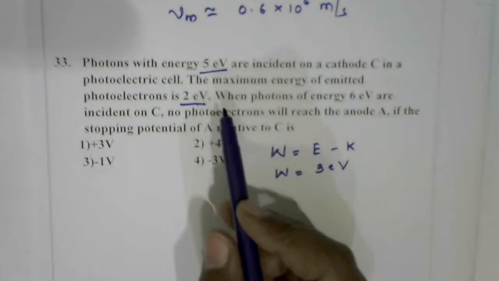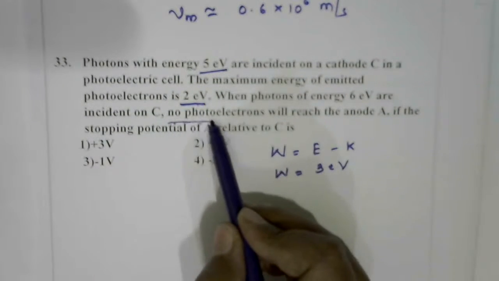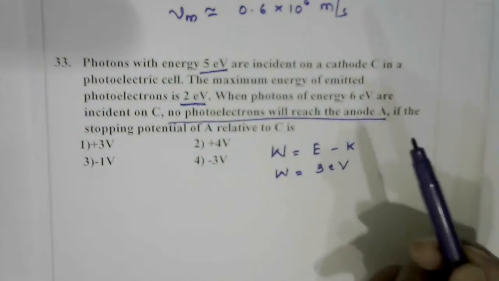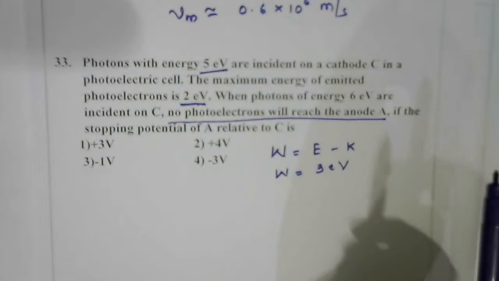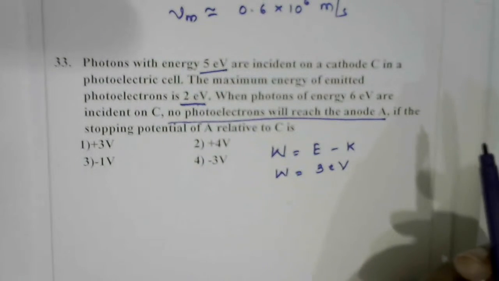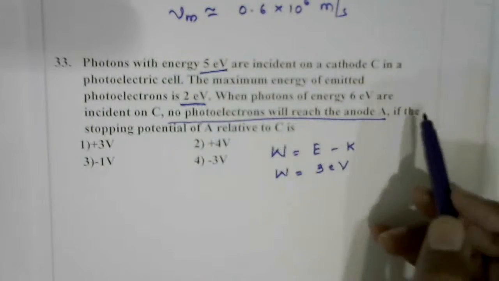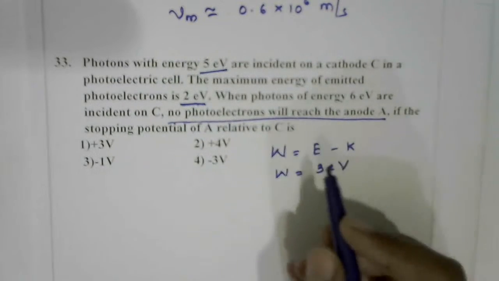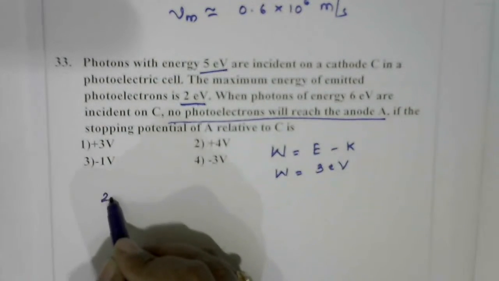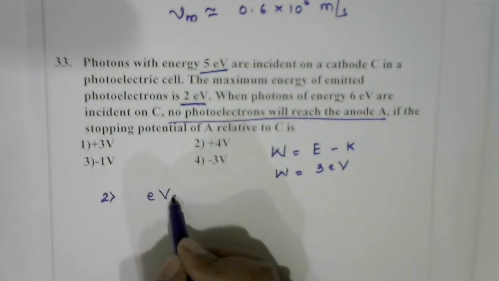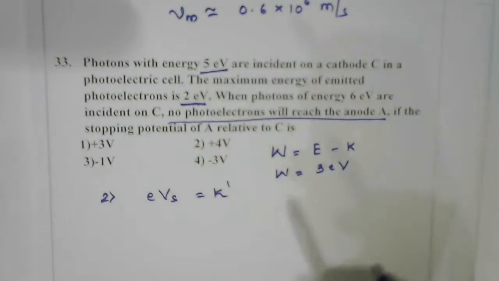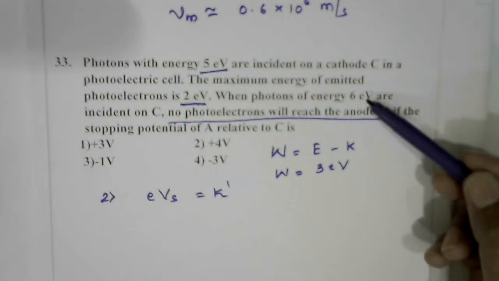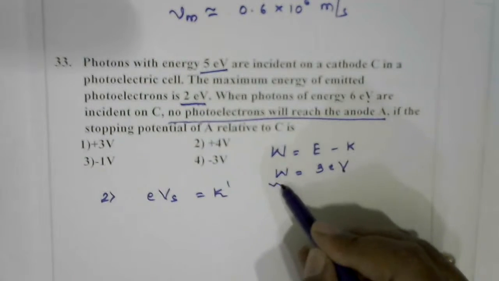No photoelectrons reaching means the applied potential is nothing but the stopping potential. So the question is, what is the stopping potential? In the second case, eVs should equal the new kinetic energy. What will be the new kinetic energy? 6 minus 3, because this is not going to vary.